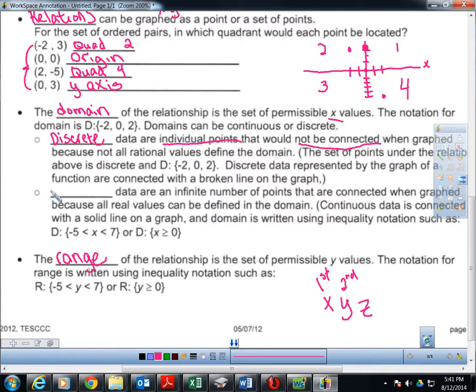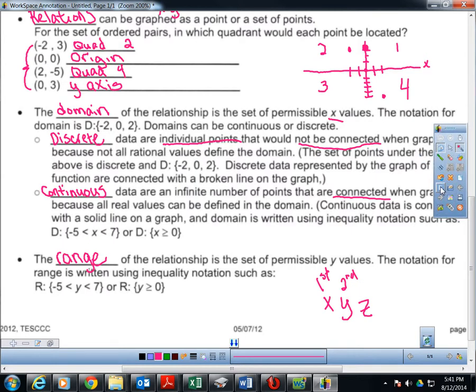The opposite of discrete is continuous. This is a word that we use in English all the time, so you should know what continuous means. Continuous means it doesn't stop. Okay? So continuous means they are connected. Okay? It's going to be a solid line on a graph.